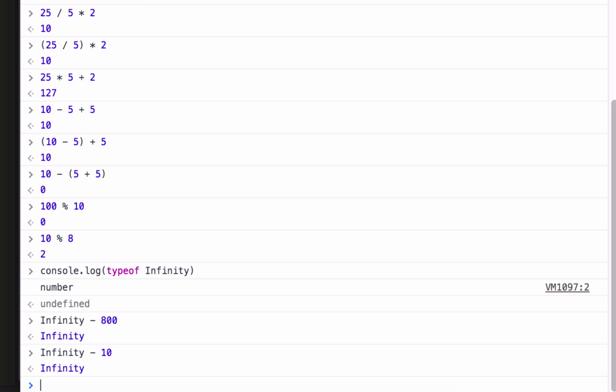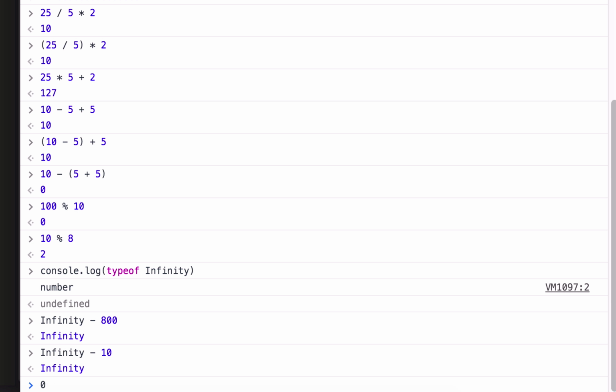The last one I thought was important was not a number, which is NaN, and I actually cover an example of this in my last tutorial for booleans. I'll have a link on the upper right for that if you want to view it. But basically not a number is also technically a number type as well, but it doesn't output a definitive result.